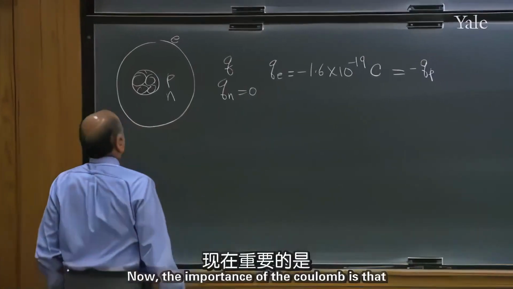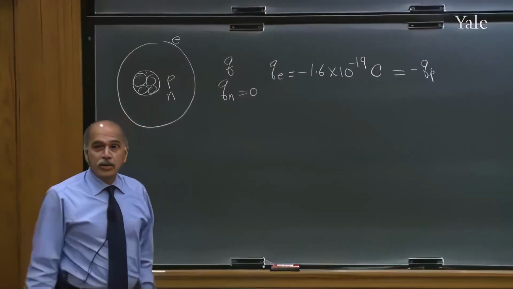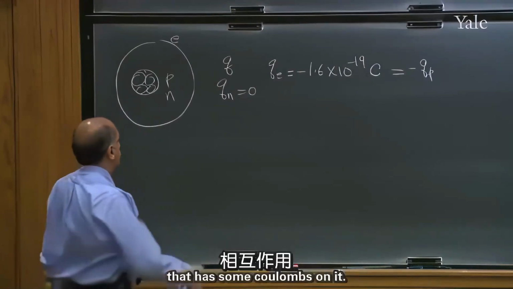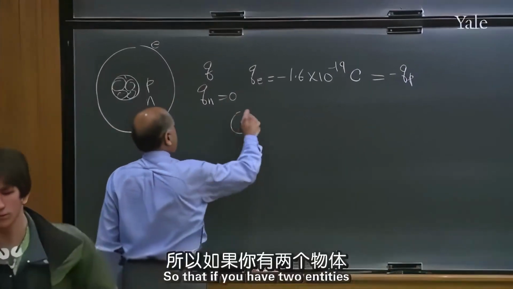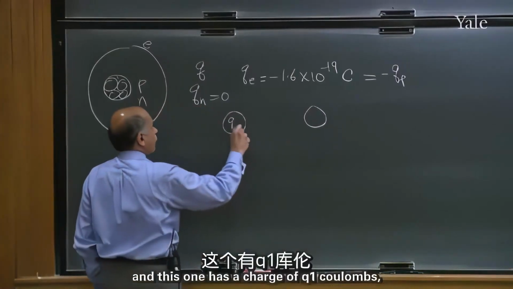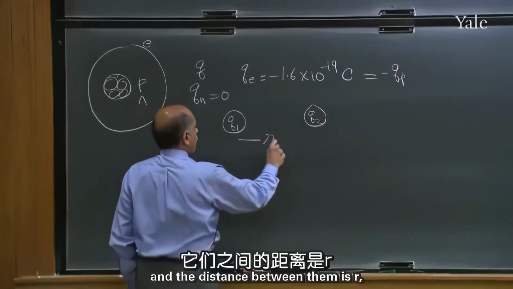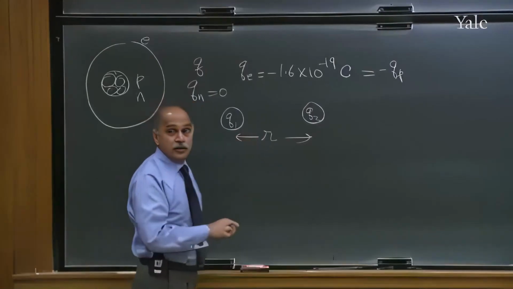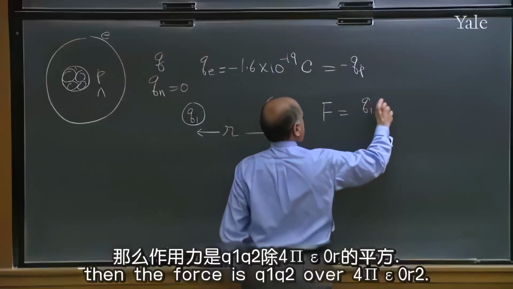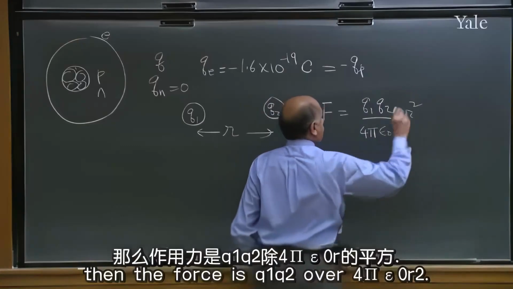Now, the importance of the coulomb is that if anything has some coulombs on it, it will interact with anything else that has some coulombs on it. So if you have two entities, and this one has a charge of Q1 coulombs, that one has a charge of Q2 coulombs, and the distance between them is R, then the force is Q1 Q2 over 4 pi epsilon 0 r square.